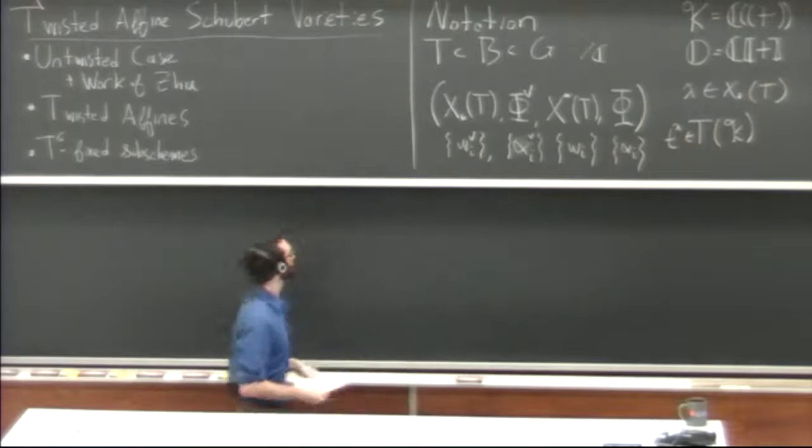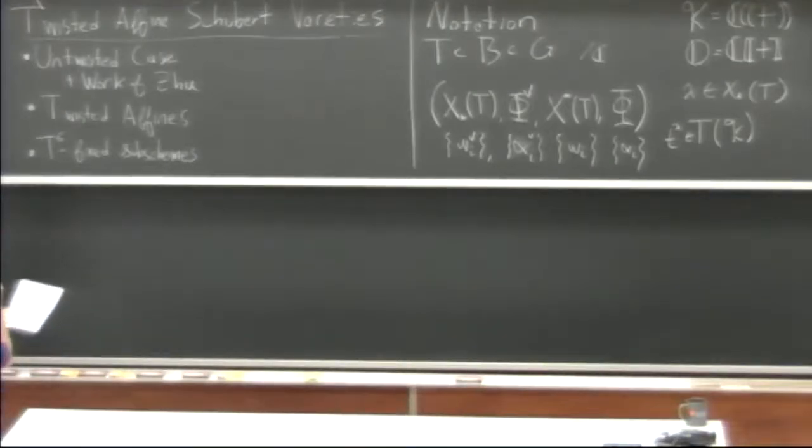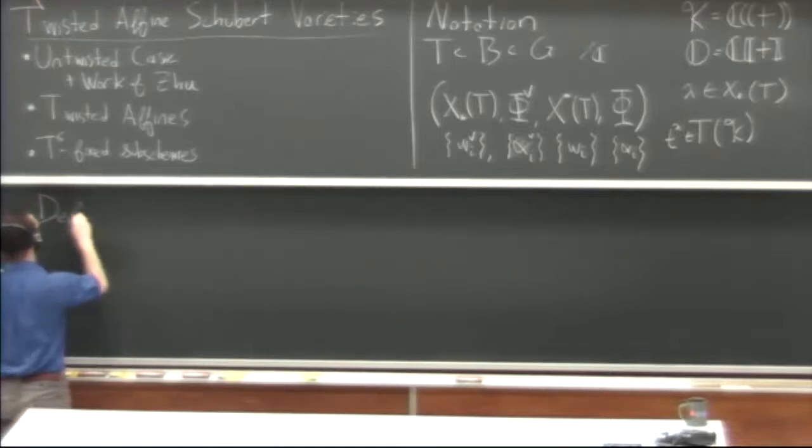So then we come to the topic. We need to talk about affine Schubert varieties and affine Grassmannians. So first, definition.